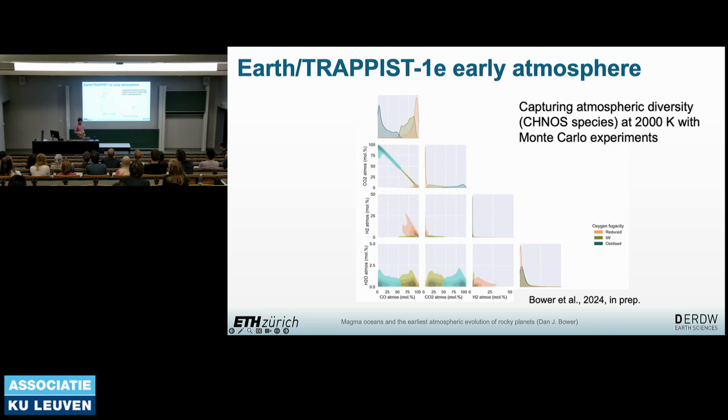So just to give you a few examples of the kind of things we can do, we can run sort of Monte Carlo experiments, so we can run tens of thousands of different atmospheric scenarios, and then we can look at the output. So these here are corner plots, but importantly, this is the amount of H2O in the atmosphere at 2000 Kelvin, and this is 2.5%, and you can see for all the cases, it's basically less than 1%, okay?